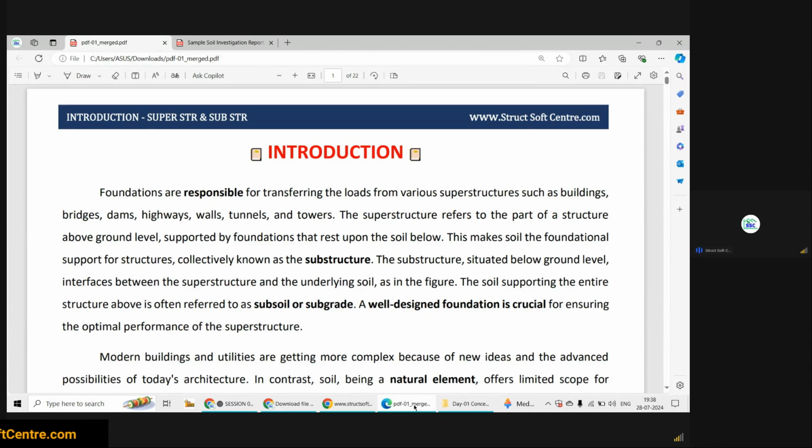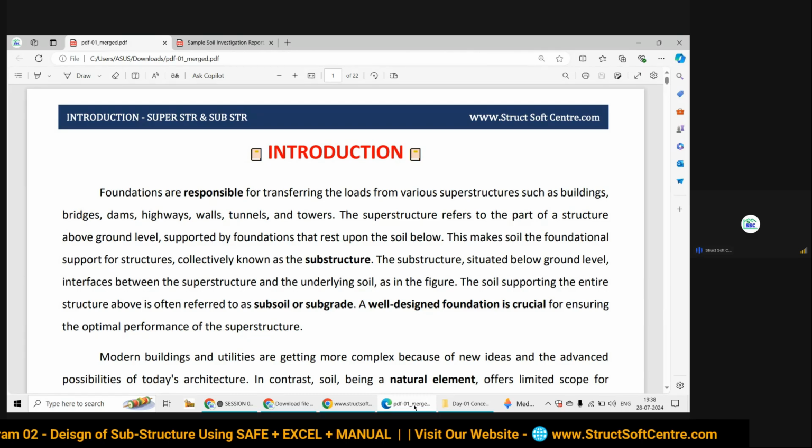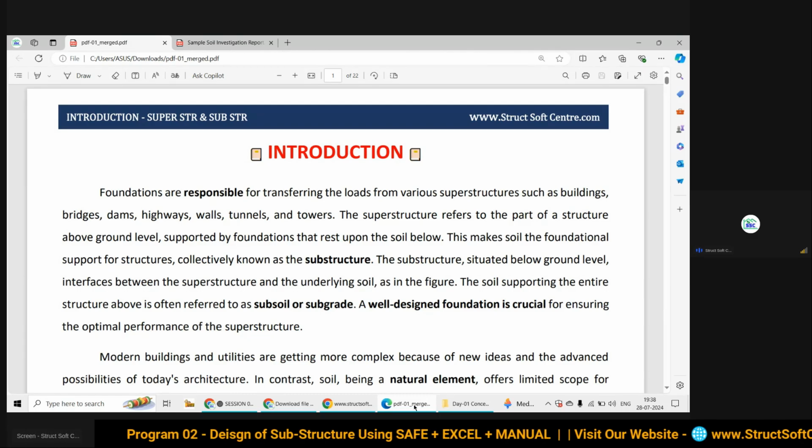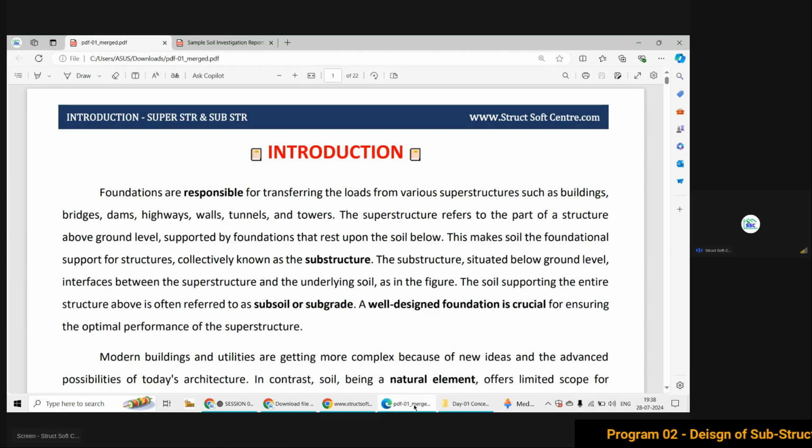So what's your role? First thing. Second thing, if suppose the software is going to do something wrong, how can you catch that, how can you eliminate that, and how can you give the instruction to the software to make those things correct.